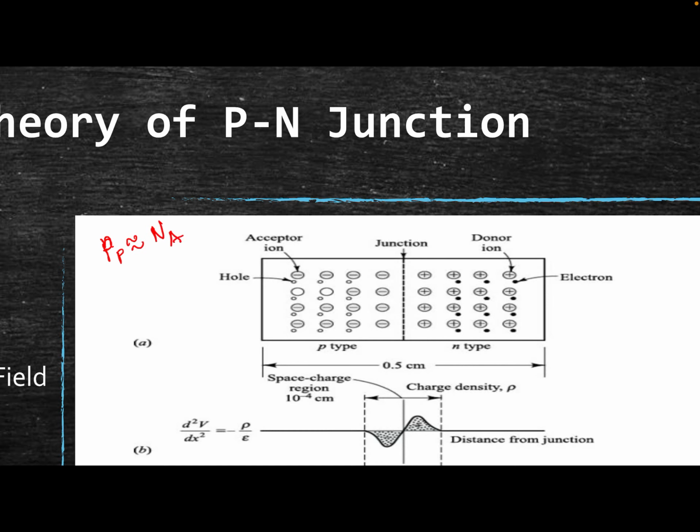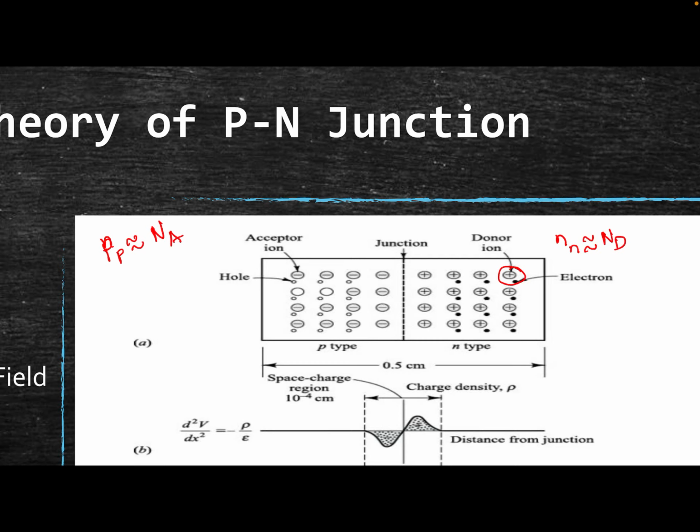Similarly, on the n-type material we have donor ions, which are positively charged as they give away electrons. We have an excess of electrons on the n-type material, and the number of these electrons is nearly equal to the number of donor atoms.